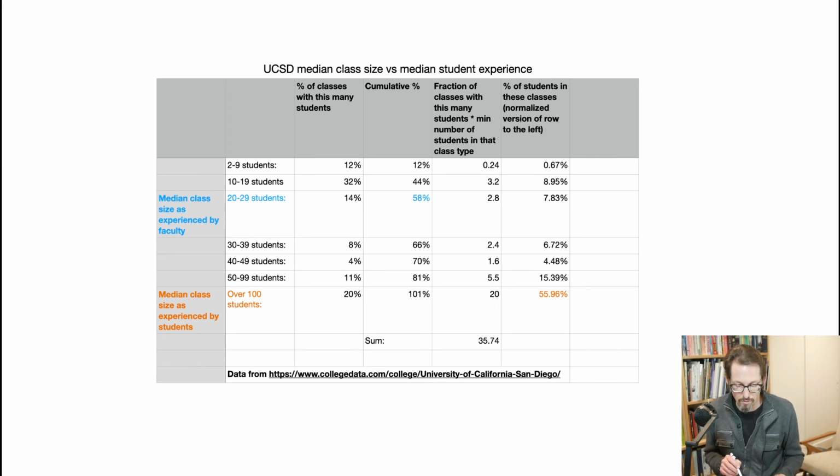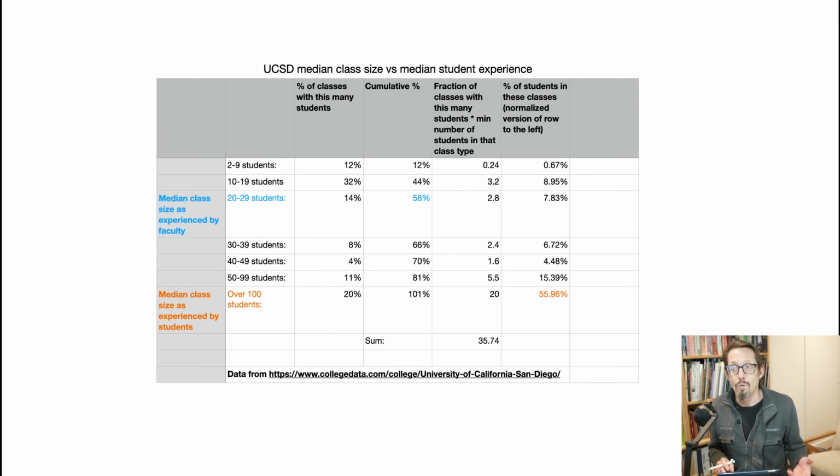And if we normalize them to the sum, what we get is the percentage of students' experience in these classes. So in this case, you can see right here, the orange number is in fact the experience of a student. The median experience of a student is that they're in a class of over 100, because that's where most of the students are. They're in those classes that are big.